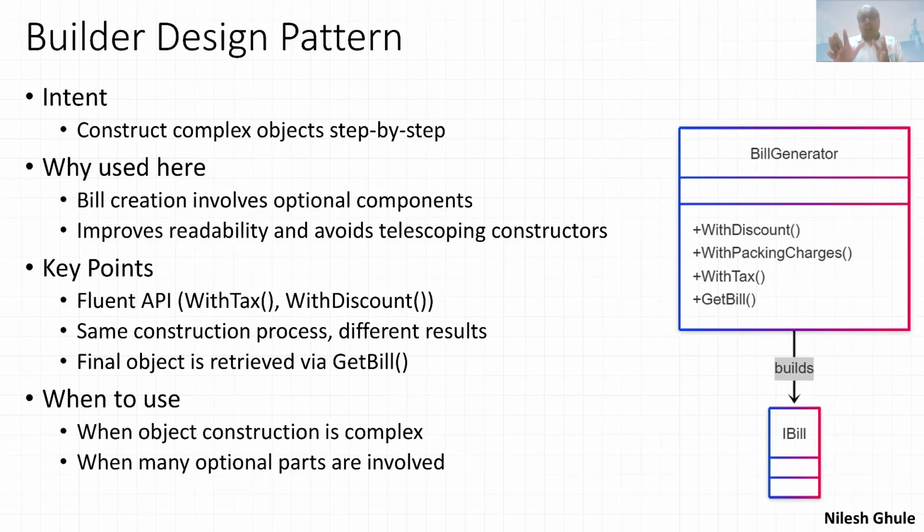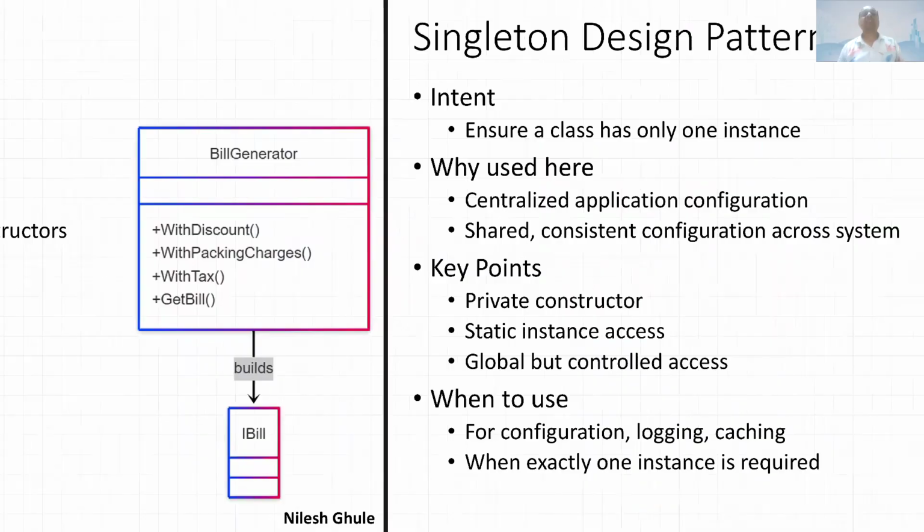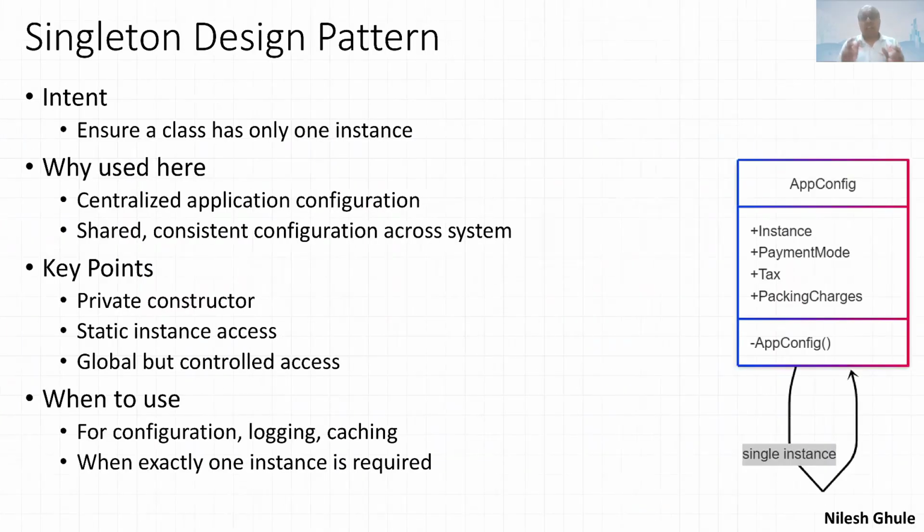Now, after understanding the builder design pattern, it's time to talk about the next design pattern. And this is a very popular, well-known design pattern called the Singleton design pattern. In our application, there are many times a requirement to have certain settings, certain objects accessible throughout the application.